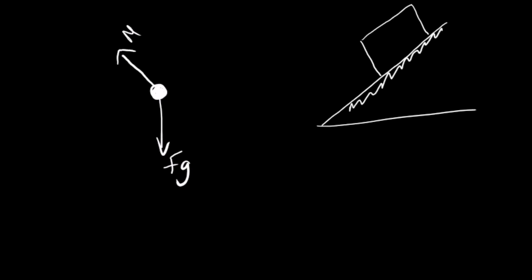Free body diagram, we have our Fg, normal force, by the way this surface has friction, then we have Fk.